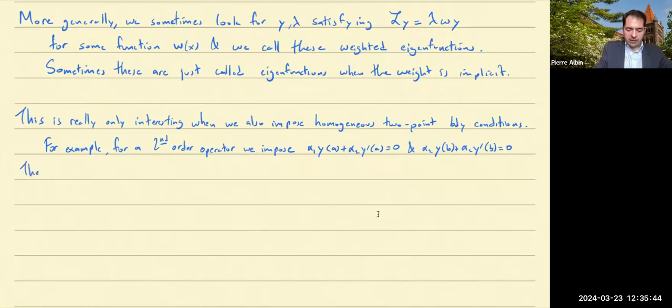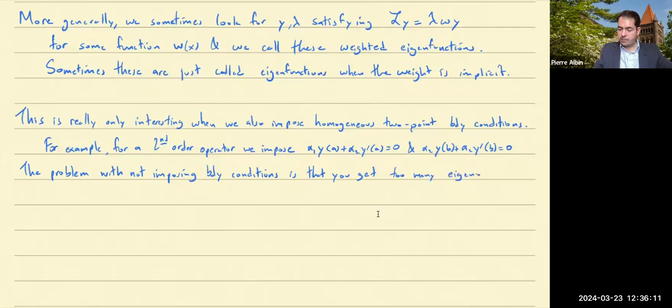Right, so why is that? Well, the problem with not imposing boundary conditions is that you get too many eigenvalues and eigenfunctions.